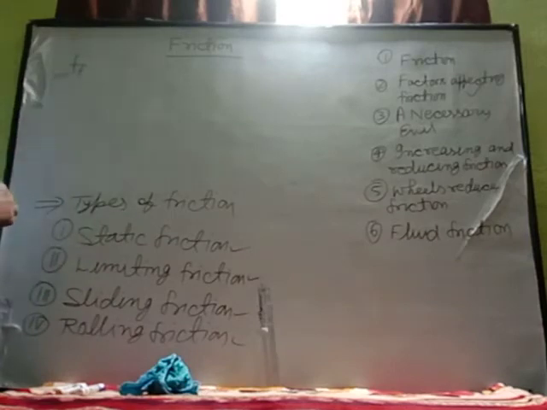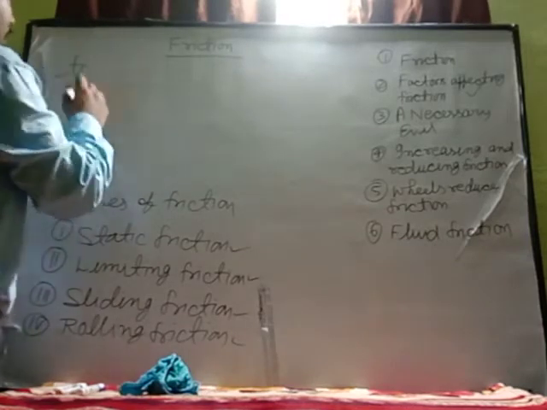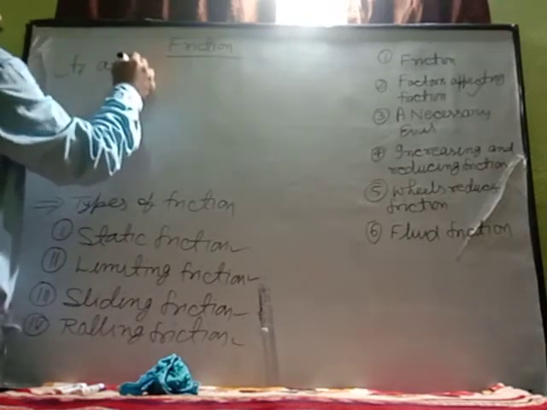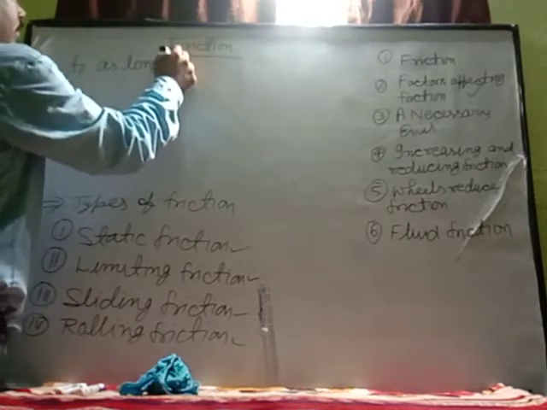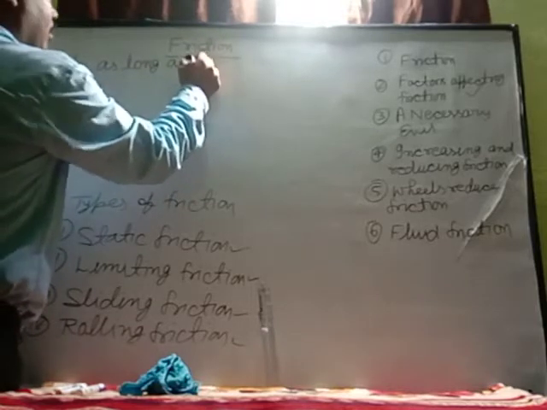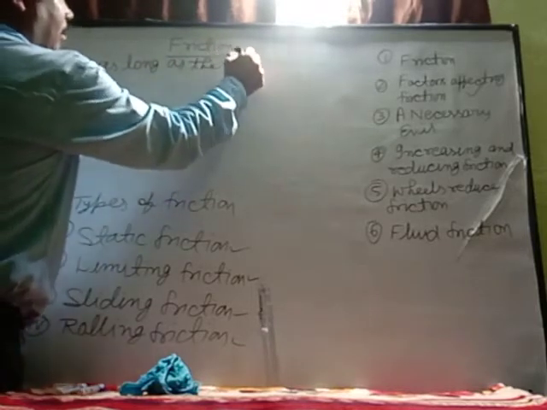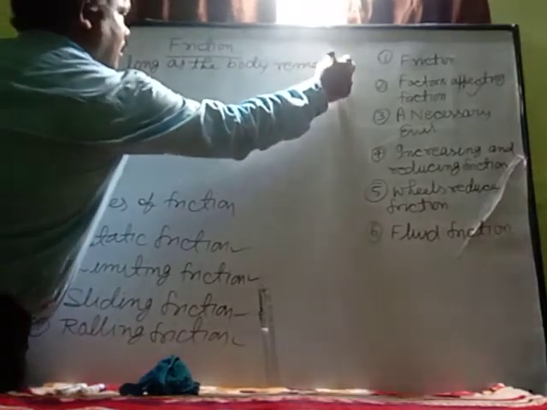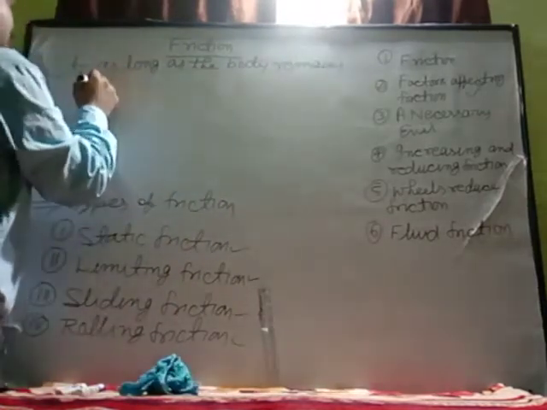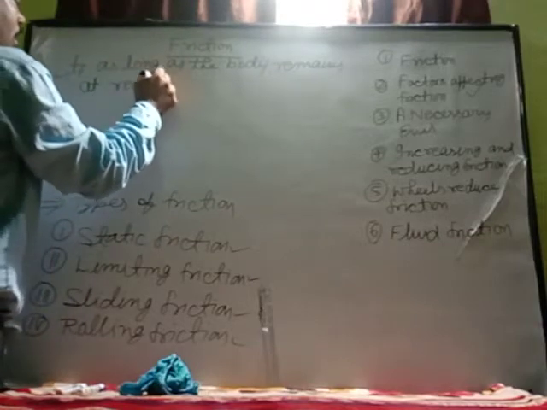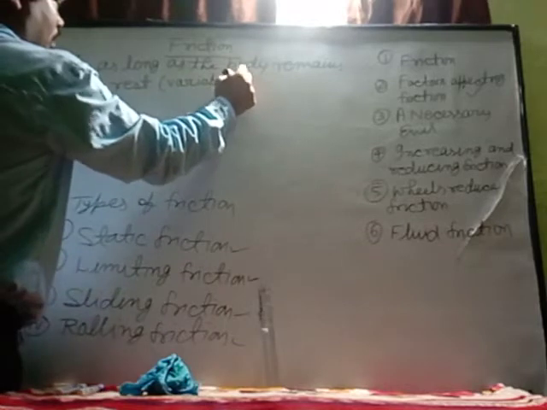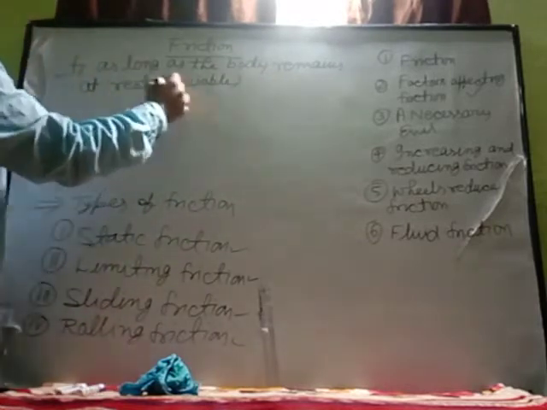A force of friction, that is FF, is defined as static friction as long as the body remains at rest. It's a variable. Static friction becomes always variable.